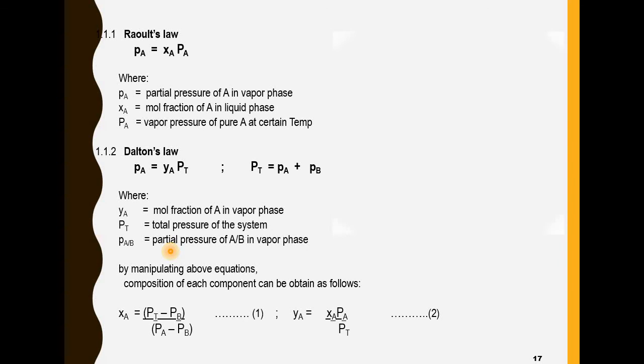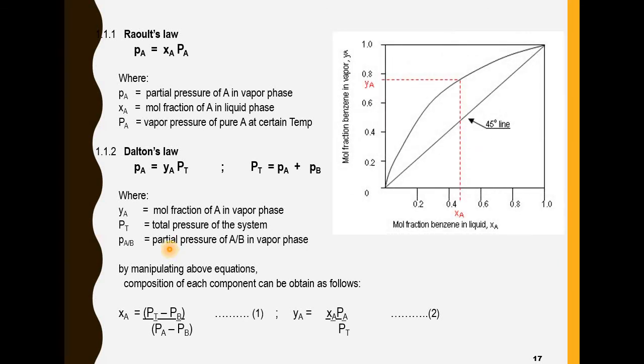For vapor liquid equilibrium, we will learn two types of law, Raoult's law and Dalton's law. We will see what the differences between Raoult's law and Dalton's law are.